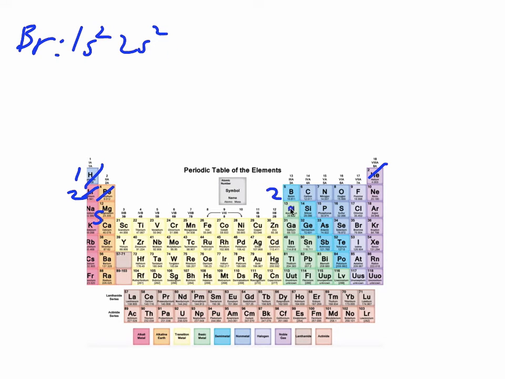We're now moving on to the 2nd energy level in the p orbital, and we're still not down at bromine, so that's 2p6. We've now moved on to the third energy level, s orbital, 1, 2, 3s2. And we are in the third energy level in the p orbital. 3p1, p2, p3, p4, p5, p6.